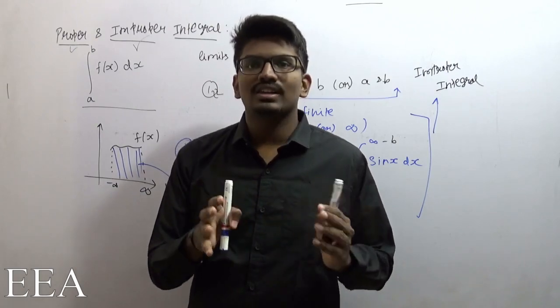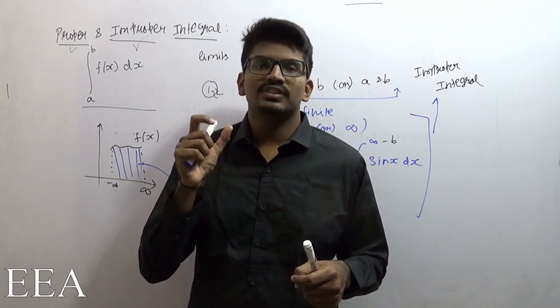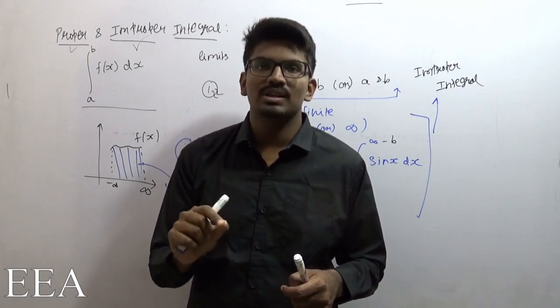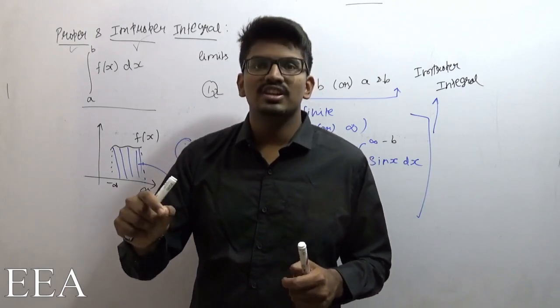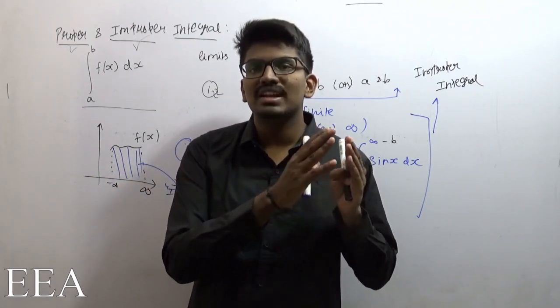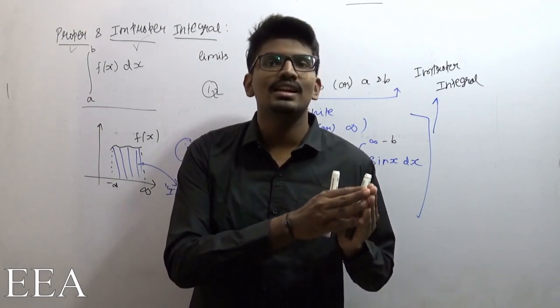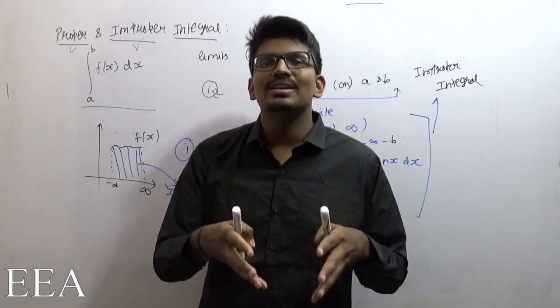So improper integral or improper area, both are the same. If I am integrating any function, and if any one of the limits becomes infinity or minus infinity, or if both become infinity or minus infinity, then the complete integral is called an improper integral, or an improper area, because the area cannot be defined properly, right?